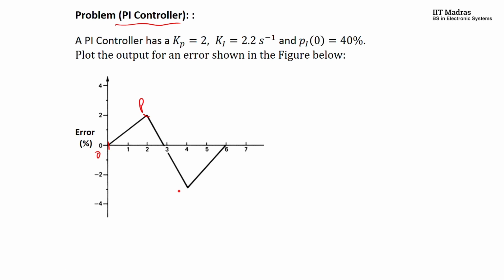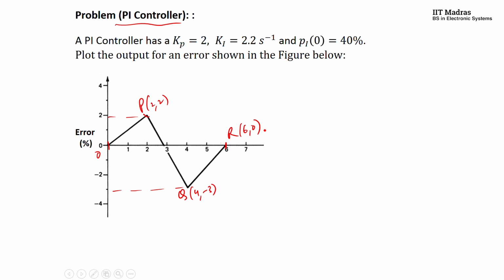I'll call this P, this Q, and this R. So P is the point 2, 2. Q is around 4, minus 3. Just make an approximation here. And R is 6, 0.